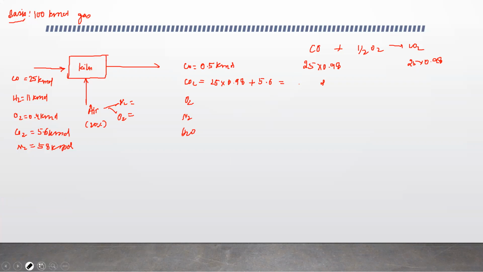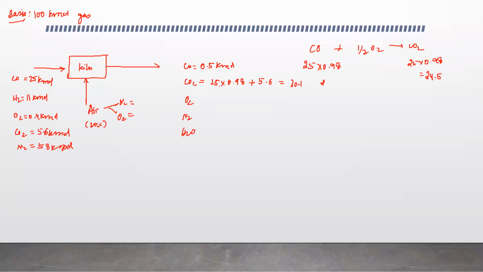So it's going to be 24.5 plus 5.6, whatever carbon dioxide had come from here, right? So 24.5 is basically this, and 5.6 is added to it. Okay, so we are going to get carbon dioxide is 30.1 kilo, all right? 30.1 kilo.